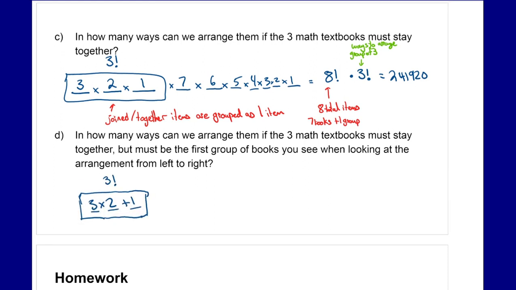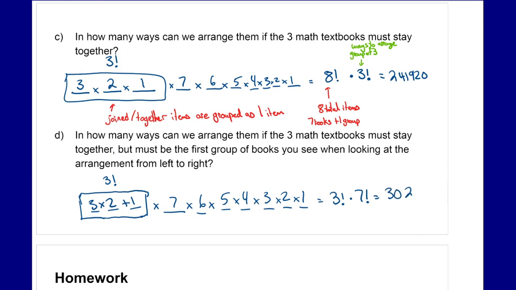They're not going anywhere. That leaves my 7 books after: 6 times 5 times 4 times 3 times 2 times 1. So now we have 3 factorial times 7 factorial, or 30,240. That's the difference between the two.